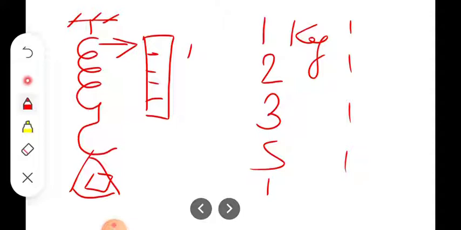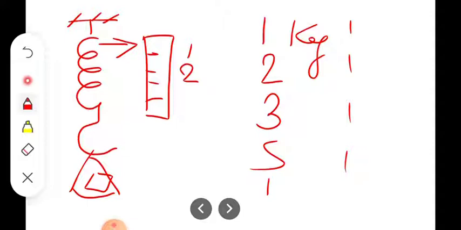Then we put the 2 kg weight, removing the first 1 kg weight. Again the pointer moves downward and matches with the marking provided on the scale, which we mark as 2.